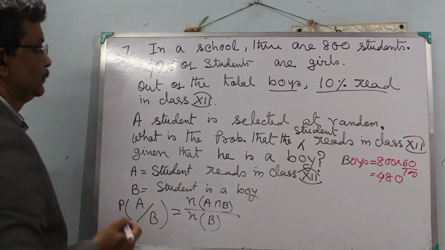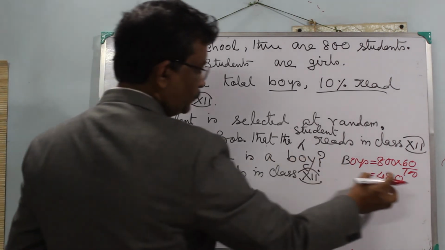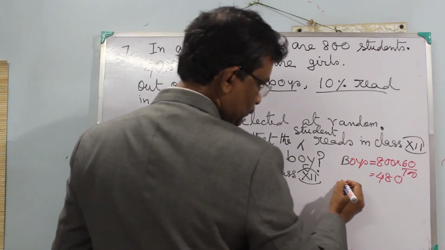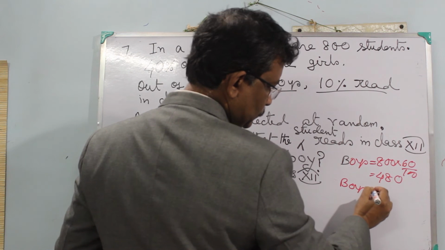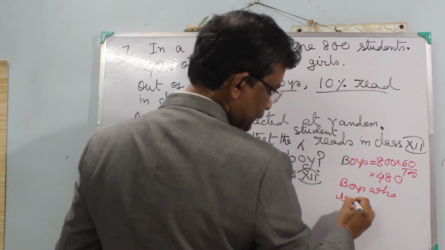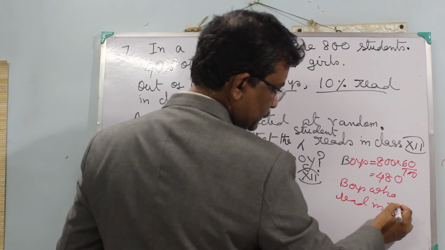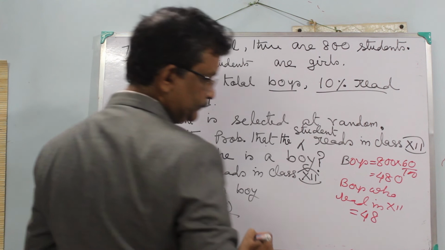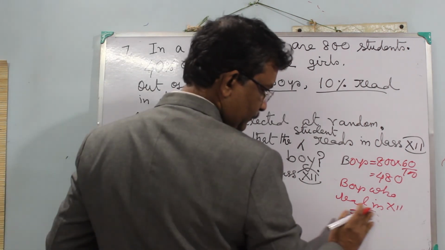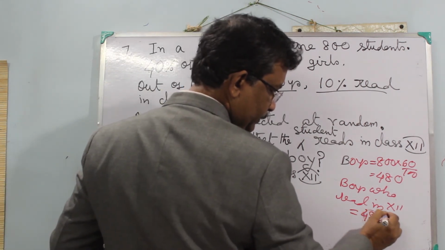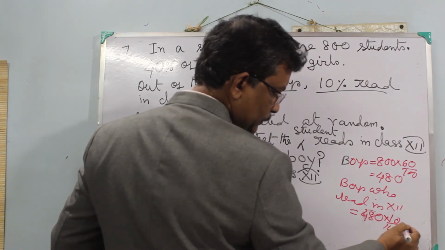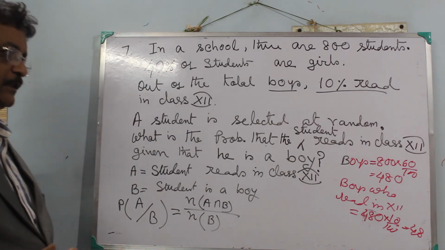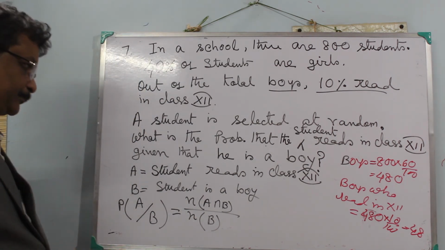And out of the 480 boys, 10% read in class 12. So boys who read in class 12 equal 10% of this, that means 48. 480 into 10% equals 48. So 48 is the number of students who read in class 12.